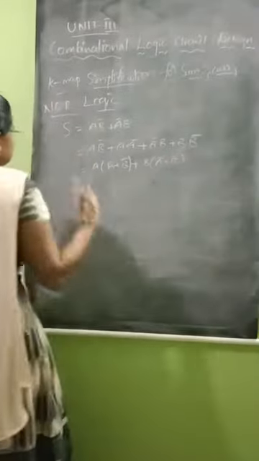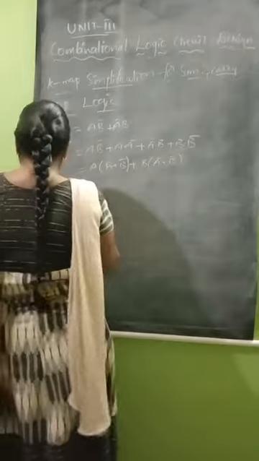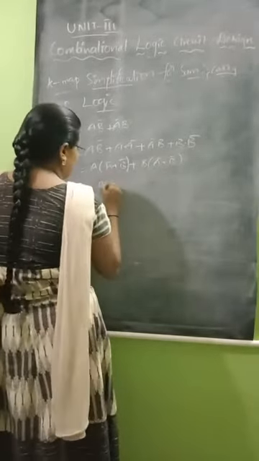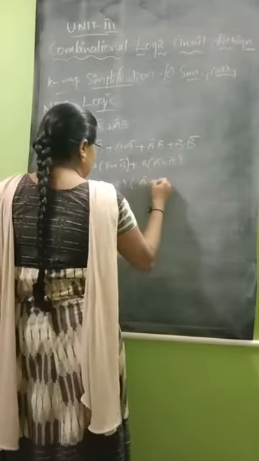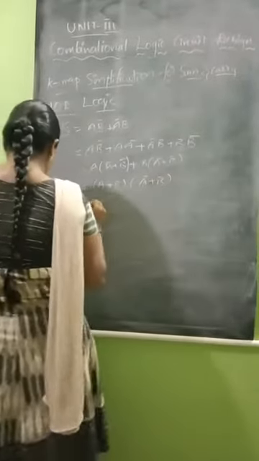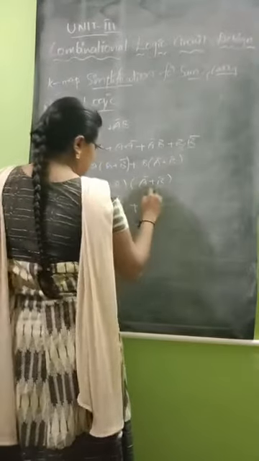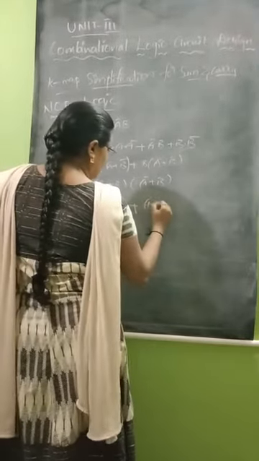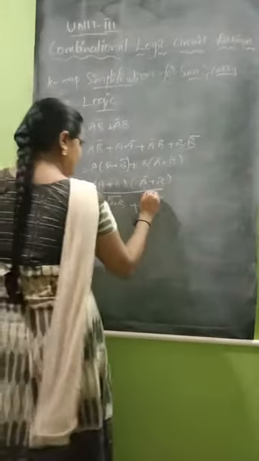But in this sum, the NOR logic is applied, so that's why here A plus B into A bar plus B bar. So here A plus B bar plus A into B bar whole bar.